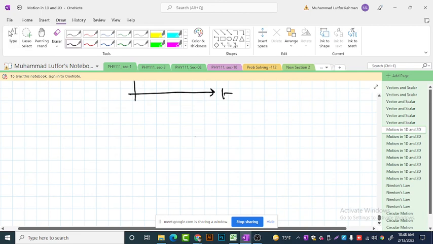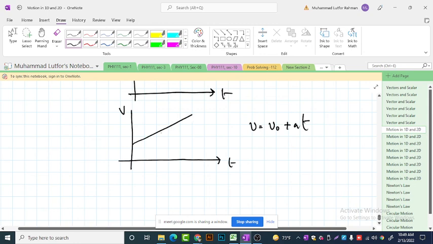Yes, sir. What will be the velocity versus time graph? Sir, it will be a straight line which has a slope. Exactly, this has a slope. So if I write v equal to v naught plus at, I will get this one.